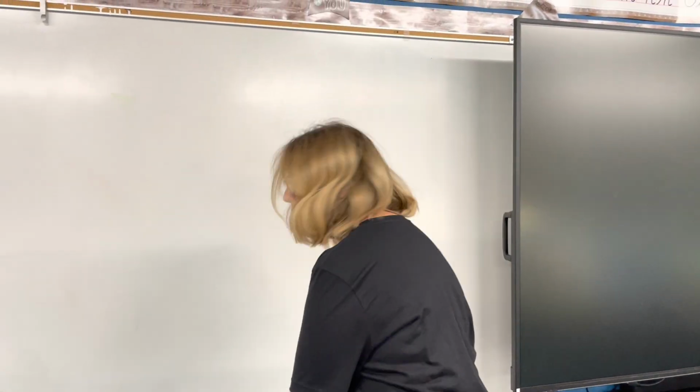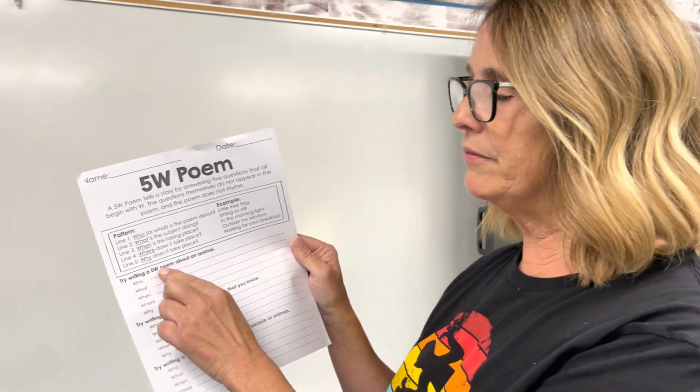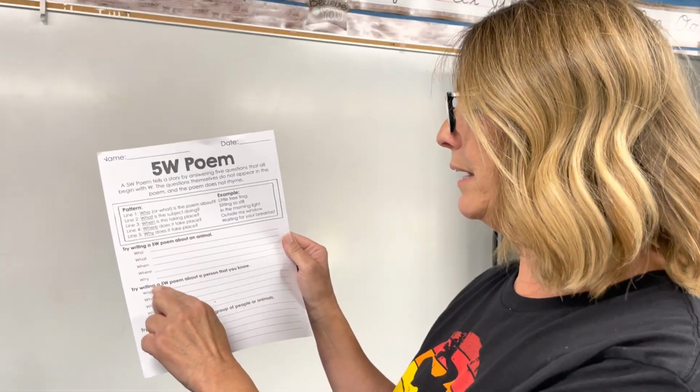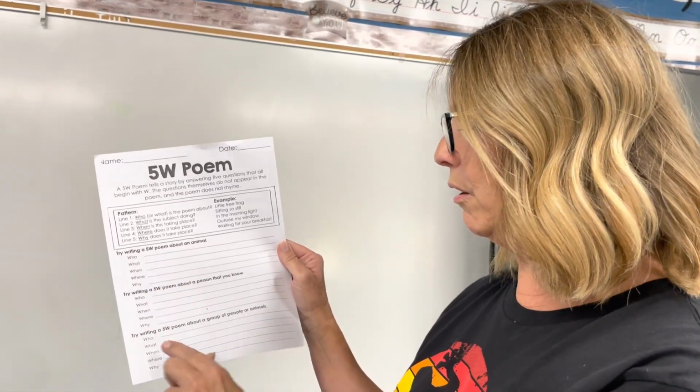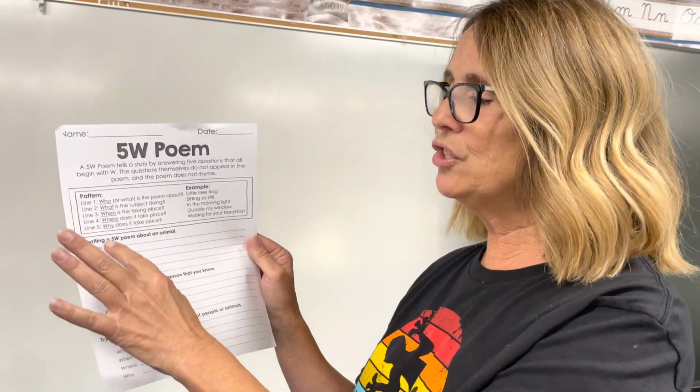Let's talk about the next part, and that is your 5W poem. Now, I gave you a piece of paper like this so that you can use this as a rough draft. Now, I know it says, try writing a 5W poem about an animal. Try writing a 5W about a person you know. Ignore this. Pretend like that doesn't even say that. Just use this to help you come up with a poem.